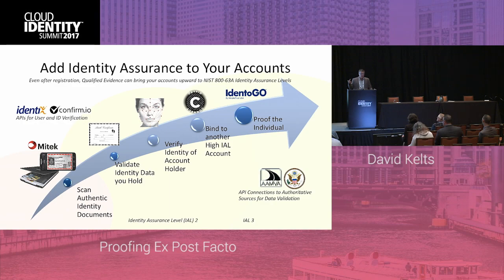But the key things are getting far enough back in that provenance chain so that you can measure the authoritativeness of the source against which you're validating those attributes. And as well, if you can do that with the photo, or you could do that with a fingerprint, and get it back to that source and match against something at the source, I'd argue you can start to get into that IAL3 proofing zone remotely. But did that fully answer the question?